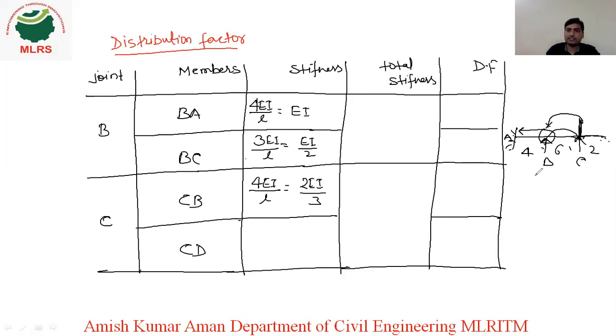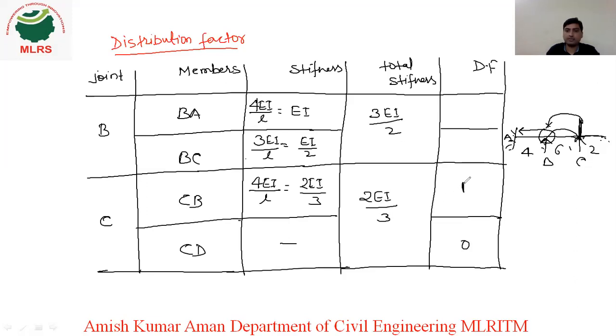And for CD no support, 0. Now total stiffness, EI plus EI by 2, it will be 3EI by 2. Total, this plus 0, so it is nothing, 2EI by 3 only.